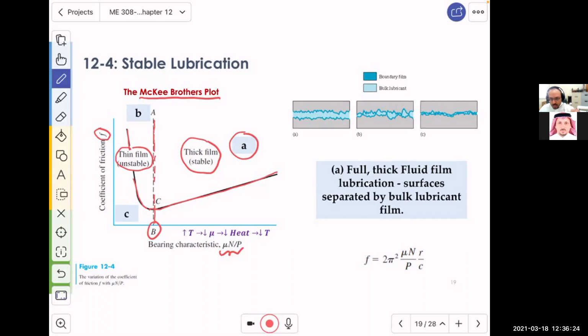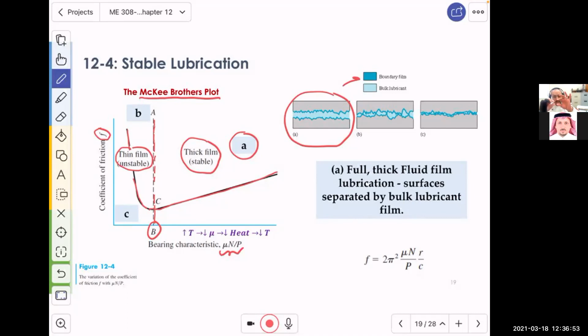But if we are in region A, then we are in this situation. Look, in here, this dark blue color indicates the boundary film, which is very close to the surface of the bearing and the journal. And of course, the surfaces are shown here rough. You would never be able to make them perfectly straight, no matter how much you try. The lower surface will have the boundary fluid sticking to it.